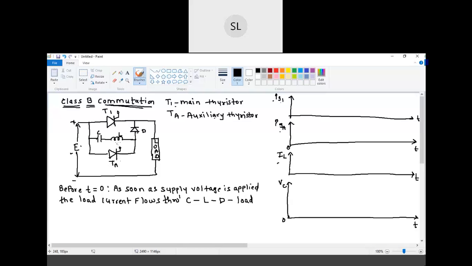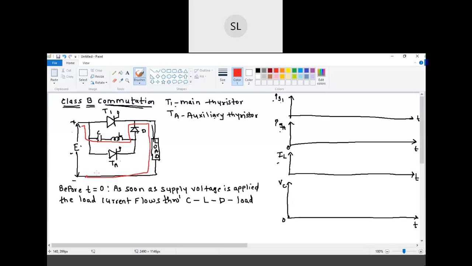So before we provide triggering signal to these thyristors so that they will turn on, when the supply voltage is applied across the circuitry, the load current will be flowing through capacitor C, inductor L, diode D and load. So this will be the current direction first of all. Before t is equal to 0, the load current will flow in this way.